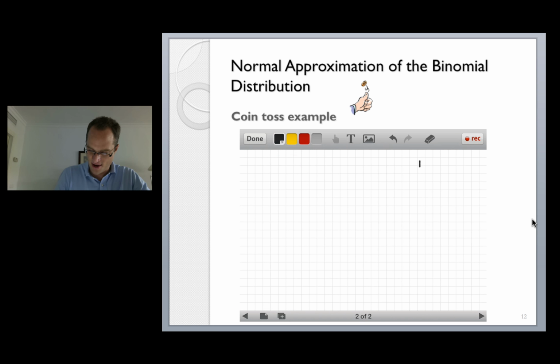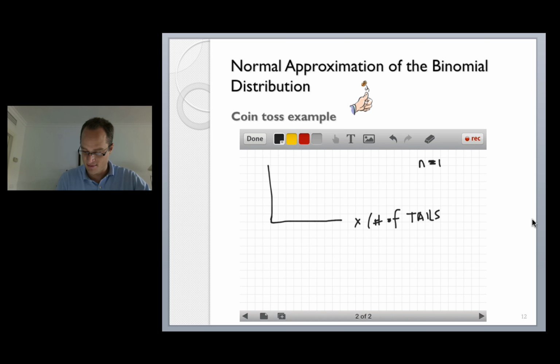So let's say for now that we had one trial. I'm just flipping the coin one time. If we're going to set up a probability distribution, which is what this binomial distribution is, on the horizontal axis we'd have x, which again is the number of successes, and we'll call this the number of tails.